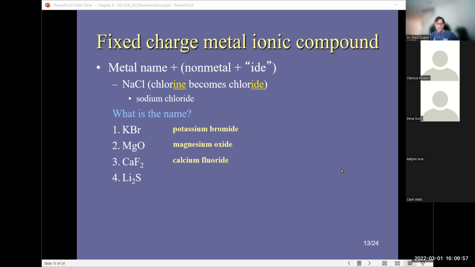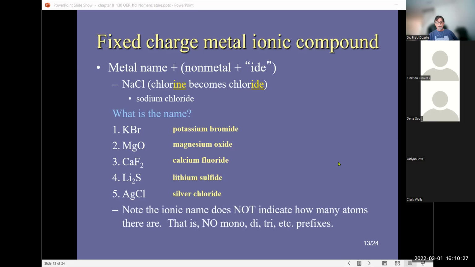All right, we got Li, which is lithium, and then we got the sulfur, which now is sulfide because it's in ionic form. So this is lithium sulfide. And then we got Ag, which is silver, and then Cl, which was chlorine, but now became chloride in ionic form. So silver chloride.